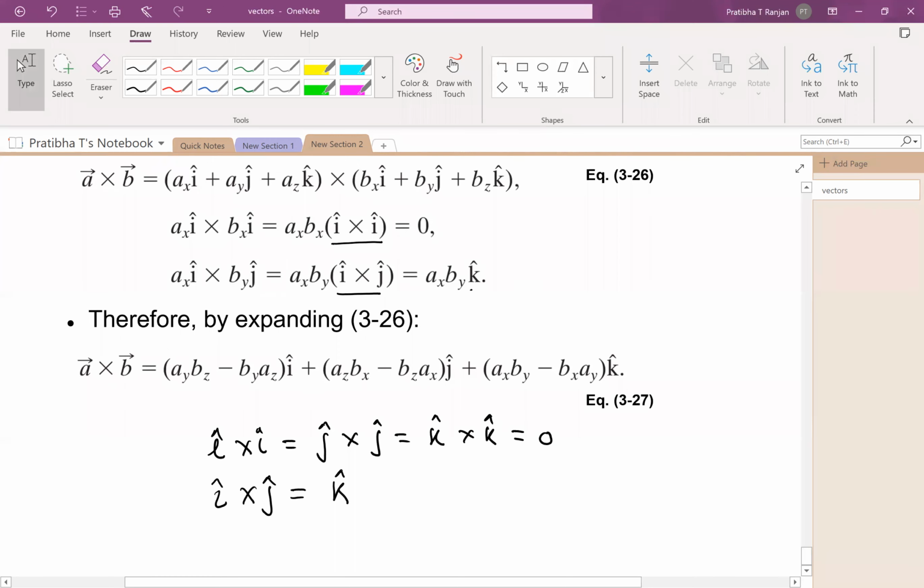And J cross K is equal to I cap, and J cross I is equal to minus K cap. Similarly, we have a lot of things.